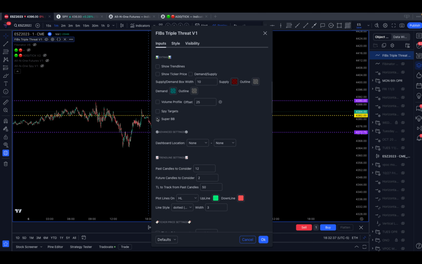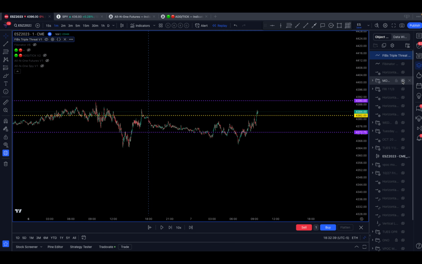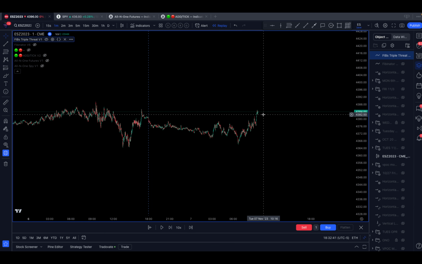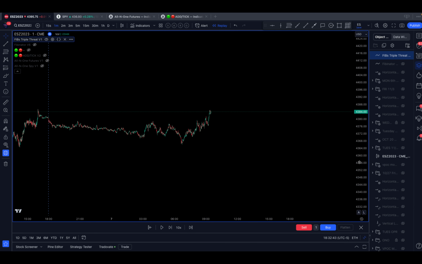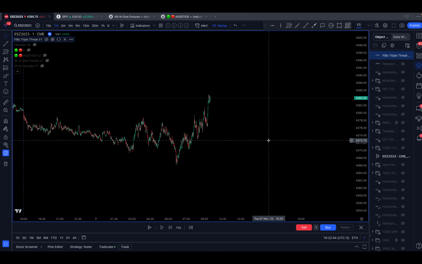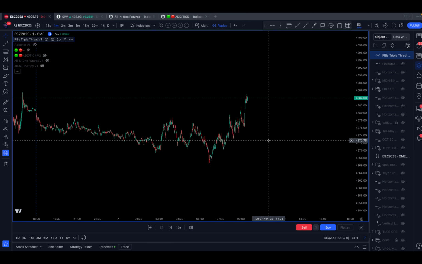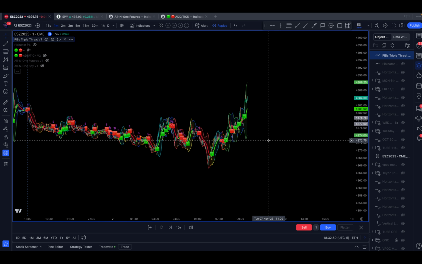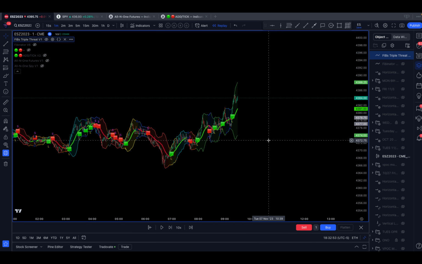And then this Super BB, it is a Bollinger Band with some extra stuff added to it. And when it plots, you'll see. So there's a lot going on here.